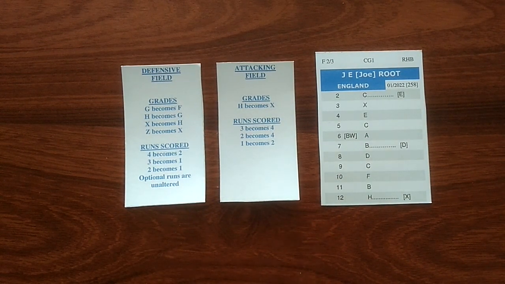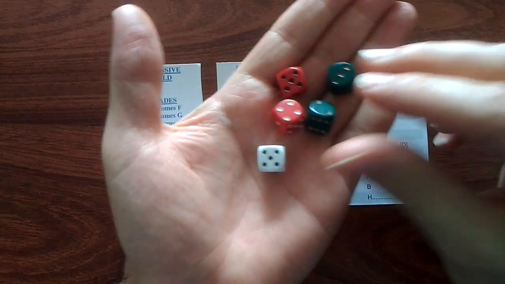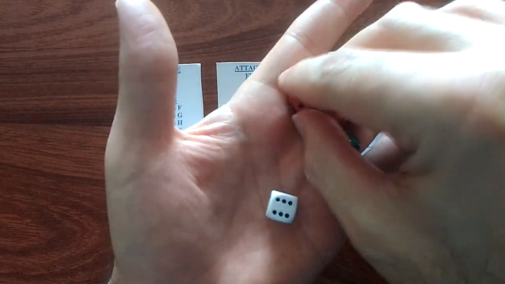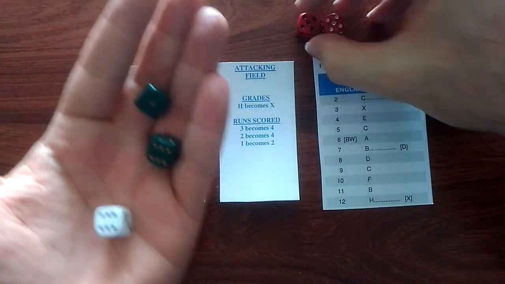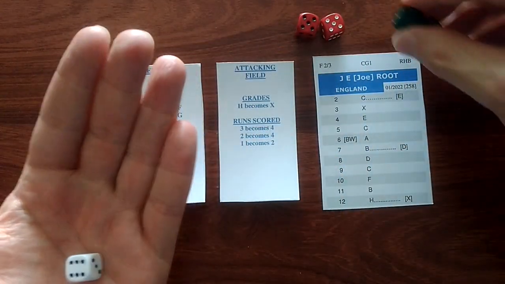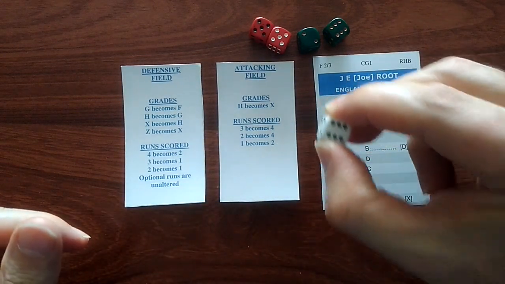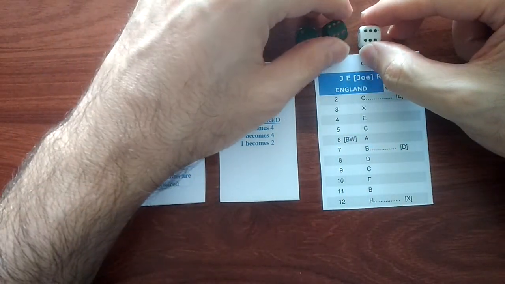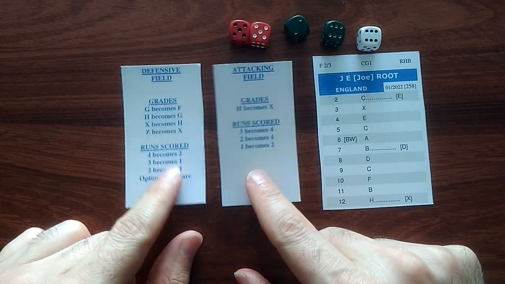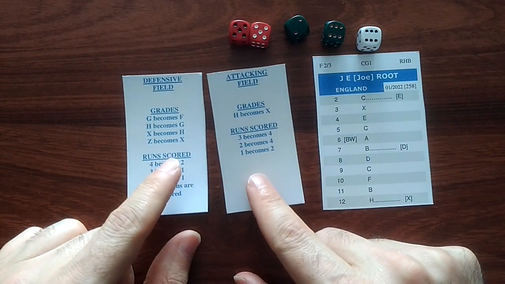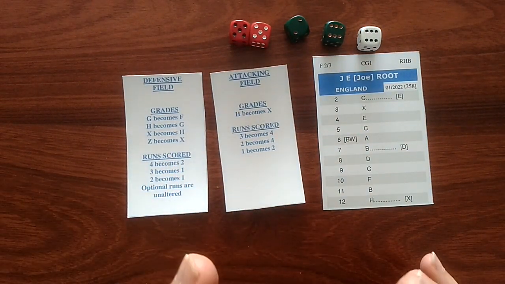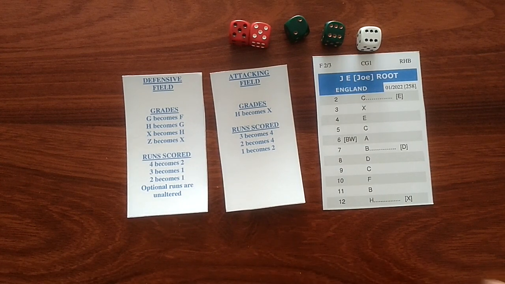So let's get some dice out, and obviously we have 5 dice here. We have our bowler's dice, which are the red dice, and we have our batsman dice, which are the green dice. And then we also have our 5th dice, which is the white dice. Now when it comes to the field settings, we have to select what type of field we have.